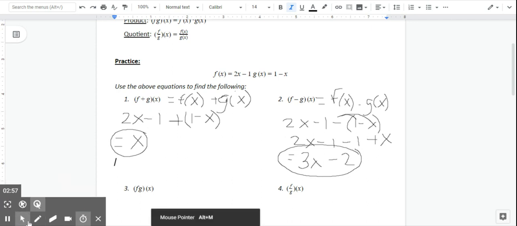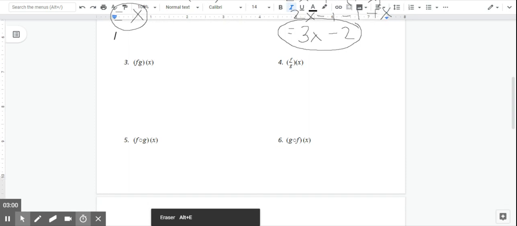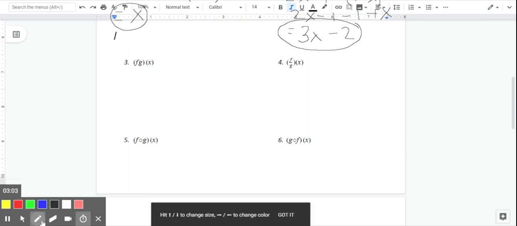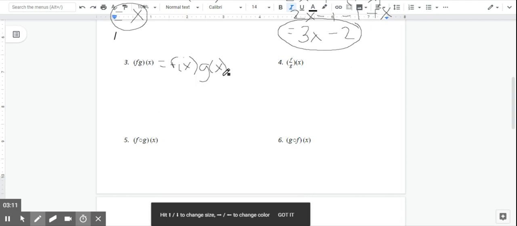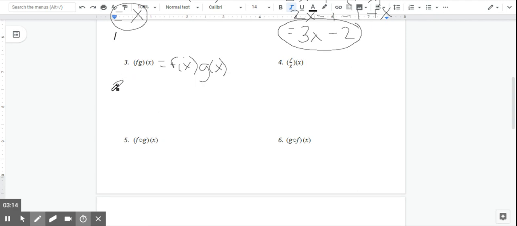So now if we get to multiplication down here, we get f times g of x. This is the same thing as multiplying f of x times g of x. So we're going to do that by taking the f function, 2x minus 1, and multiplying it by the g function, 1 minus x. Now to do this, we definitely want to FOIL. And here we get 2x for our first.